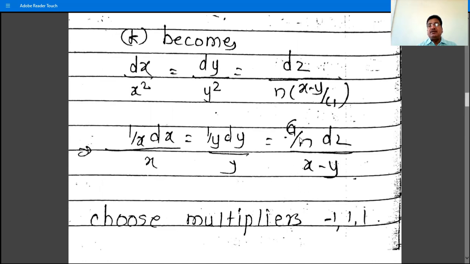So these are the multipliers. If we write this step, then we say the multipliers are minus 1, 1, 1. But if we write multipliers observing this differential equation, then multipliers are minus 1 by x, 1 by y, and c1 by n.